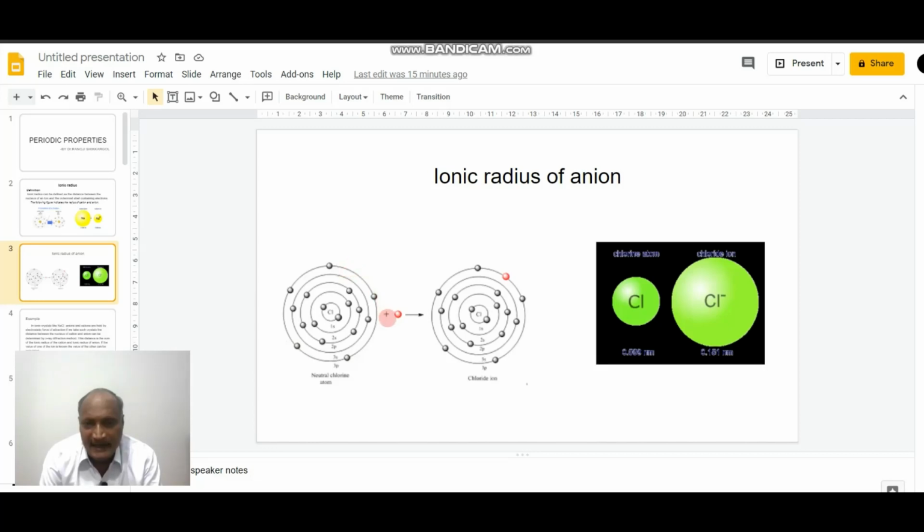So when we add one electron to the chlorine atom, the chlorine neutral atom will be converted into a chlorine anion.